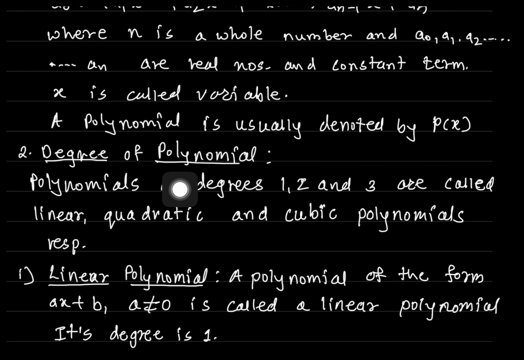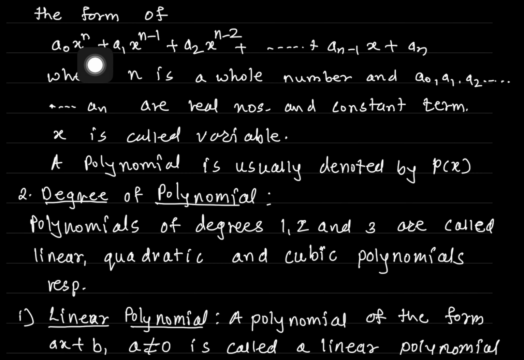Now degree of polynomials. Degree means what? Here see x raised to n, the index. We have to see the degree or index of that polynomial. The highest degree raised to n is given, so we have to check the n. That n is called the degree, but which n? The highest.